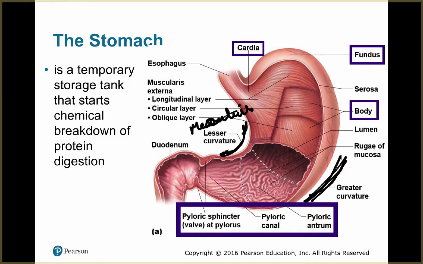So the omentum, or specifically the lesser omentum, is going to run from the lesser curvature to the liver.